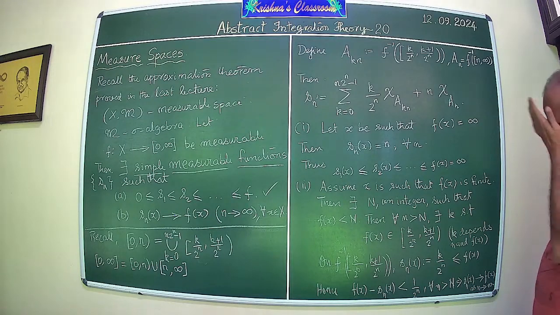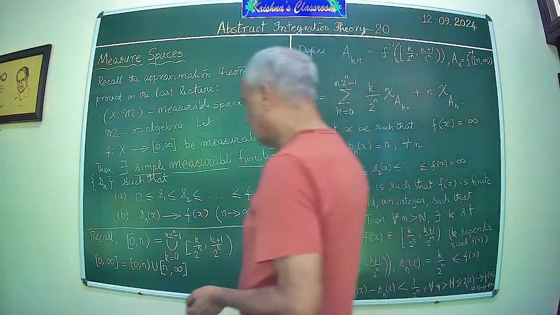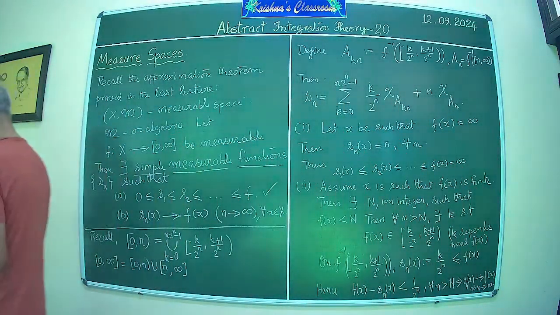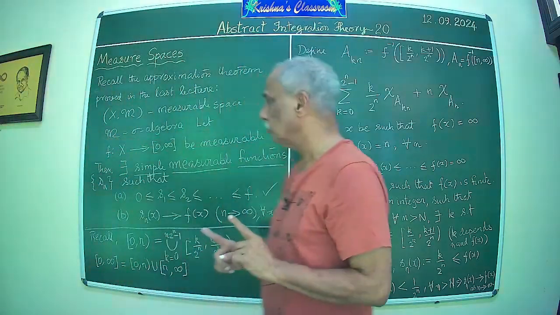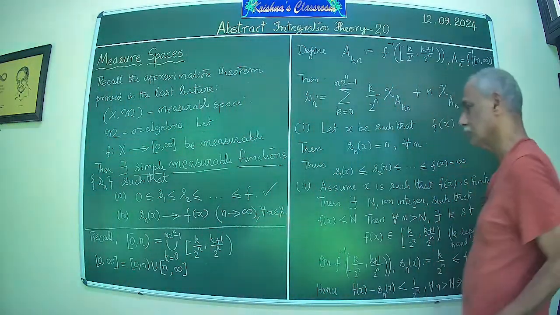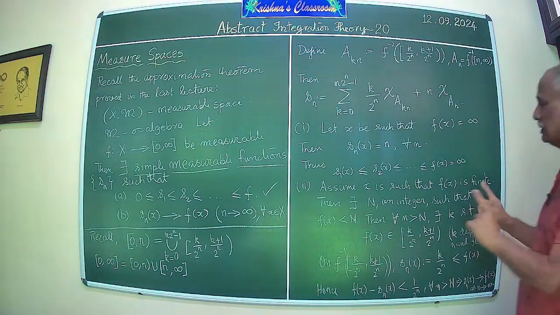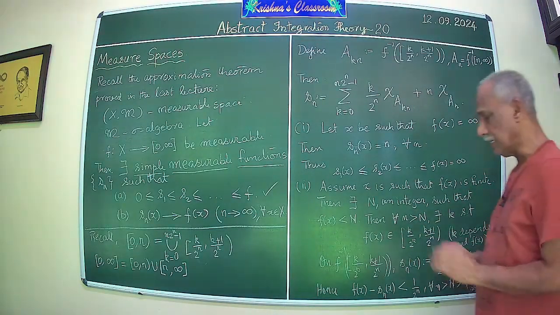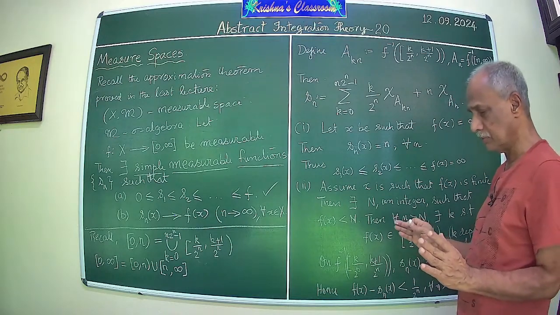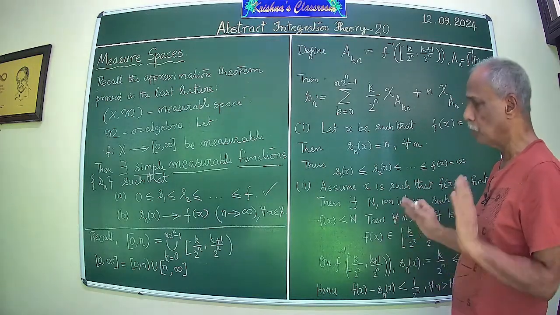Now we want to show that for each x in the interval 0 to infinity, Sn(x) converges to f(x). How do we prove that? This is the part I want to explain to you. Now x can be of two types.